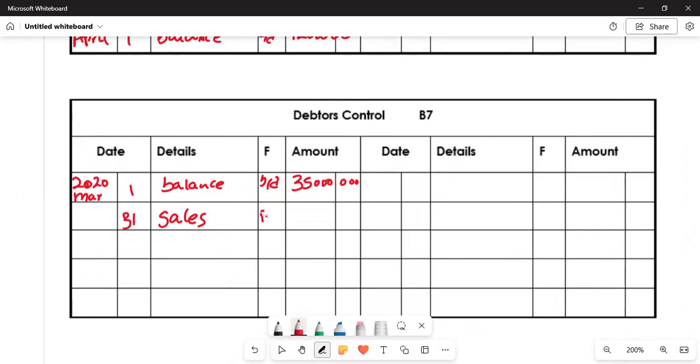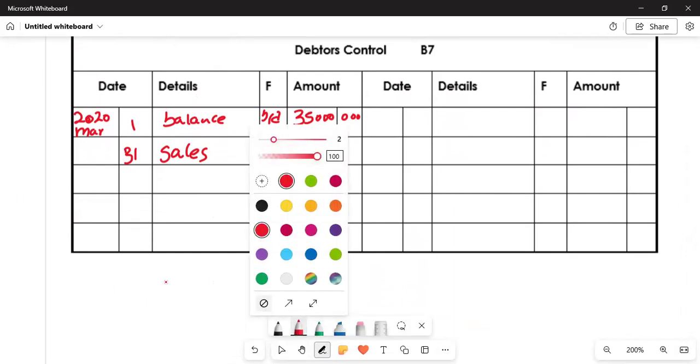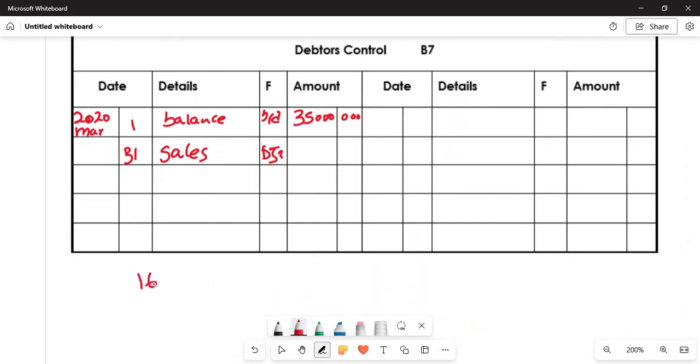Then we are going to have debtors journal of how much? If we add those two, we're talking about 16,830.